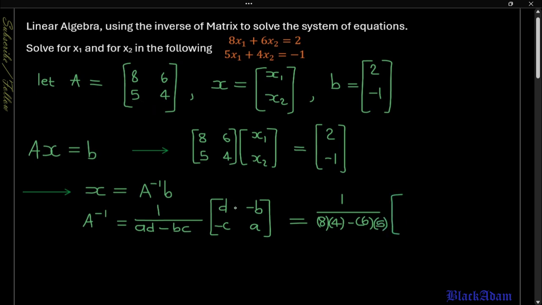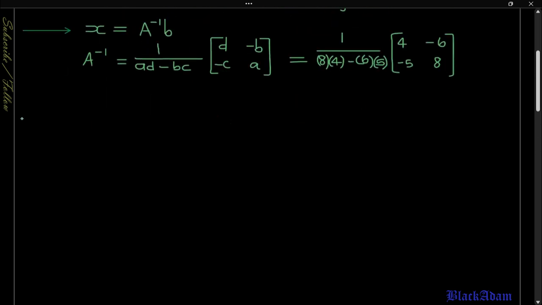And then in the inverse matrix, D is 4, so we write 4 there, and then our minus B is going to be minus 6, and then we have negative C, which is -5, and then A, so our A is 8.